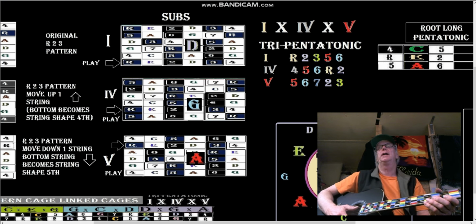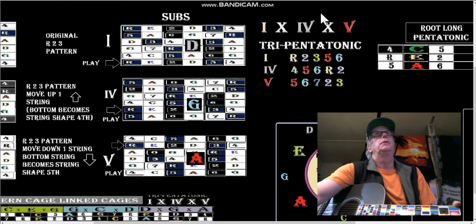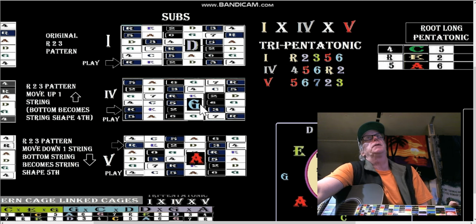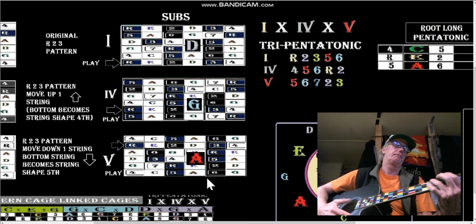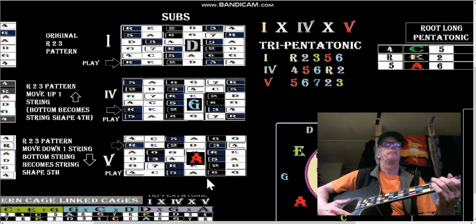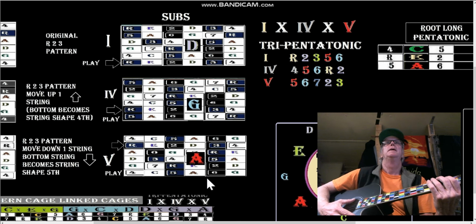Like I say, we're going to play into the next shape here in the long patterns, right? So we got the 5, 6. We're going to play into the A shape.